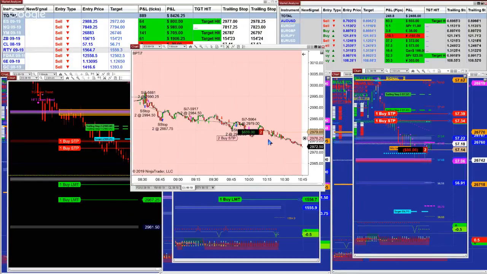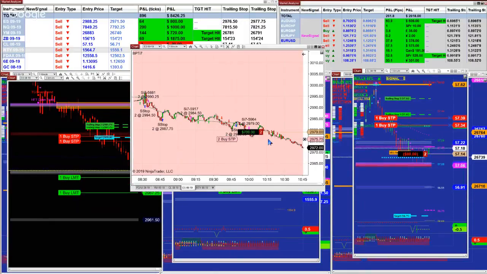If the market is going down, it's going to stay based on your trailing stop. If the market is changing direction, changing trend, it's going to dismiss your trailing stop and close itself. It's going to override your trailing stop if the market decides to change direction.